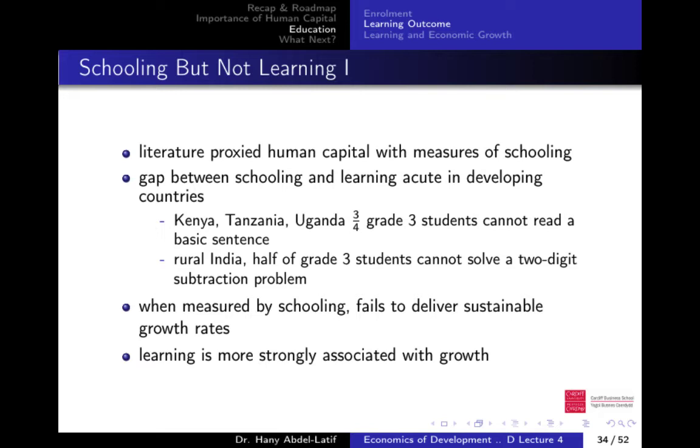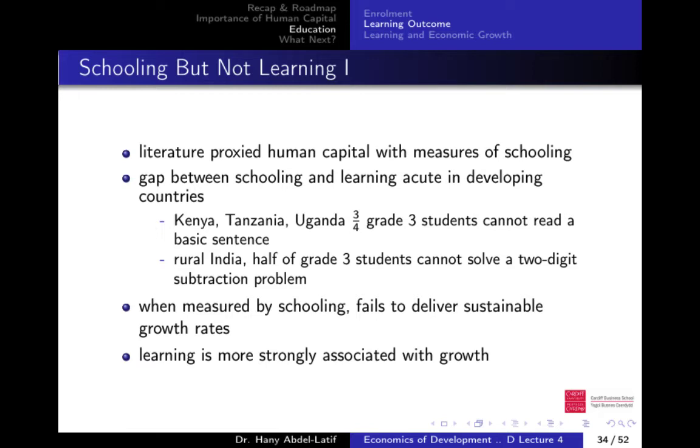But it doesn't have to be the case, and that's exactly what I'm going to show in the next half of the lecture. Enrollment doesn't necessarily mean they are learning, and that's what the new index is trying to capture. They are trying to assess learning, not just enrollment.